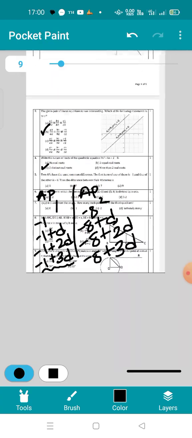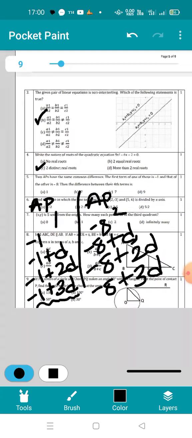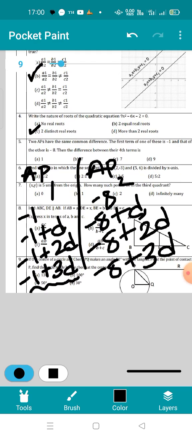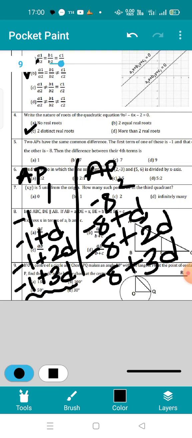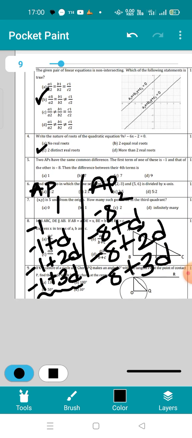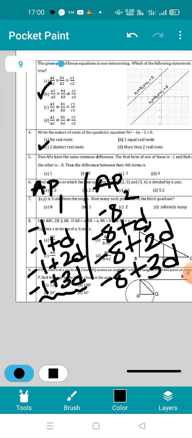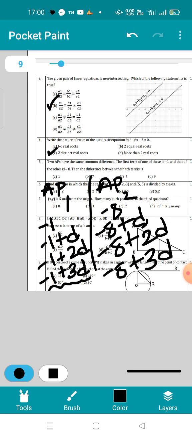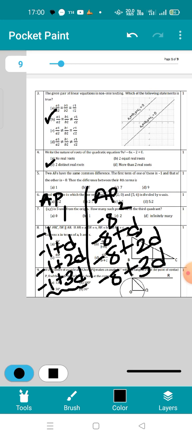Now in the question they are interested in knowing the difference between their fourth terms. So what are the fourth terms? -1 plus 3D, then -8 plus 3D. So we have to subtract the fourth terms. Now how should we subtract? Should we first write the fourth term of the first AP, then the fourth term of the second AP, or is it vice versa?